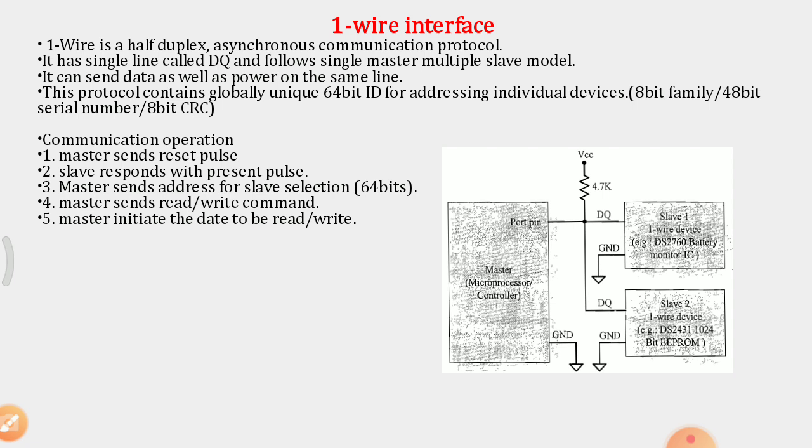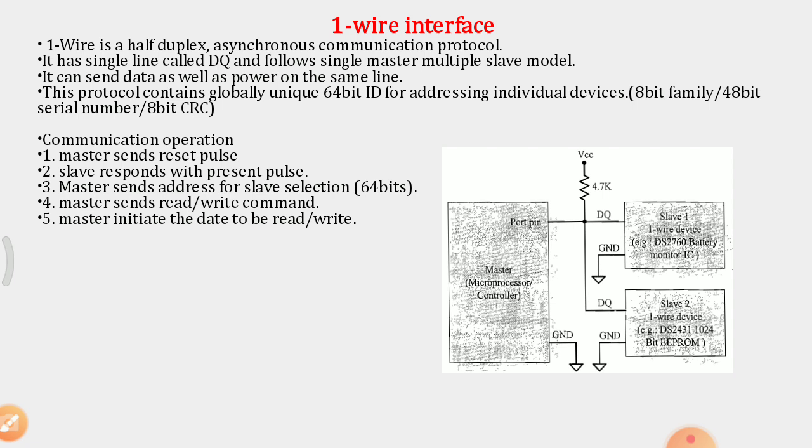How does the communication happen in one wire? The master sends a reset pulse on the DQ line. Then the slave responds with a presence pulse. Whichever slaves are present will send a pulse signal indicating that the slave is present. The master sends an address for slave selection.